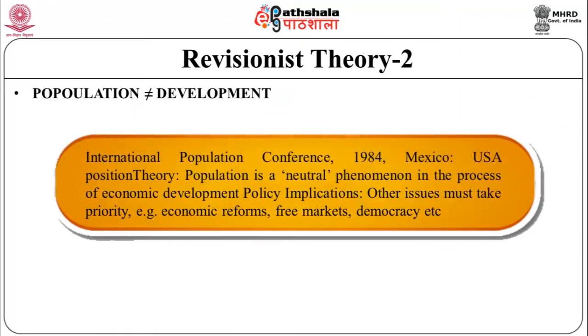International Population Conference 1984 in Mexico. USA position theory: population is a neutral phenomenon in the process of economic development. Policy implications: other issues must take priority, for example, economic reforms, free markets, democracy, etc.